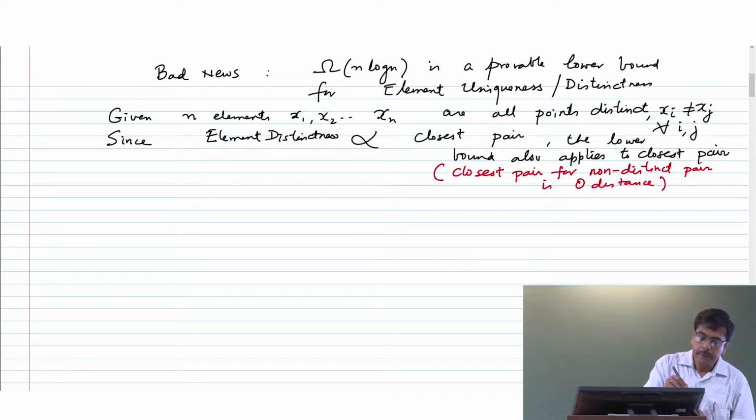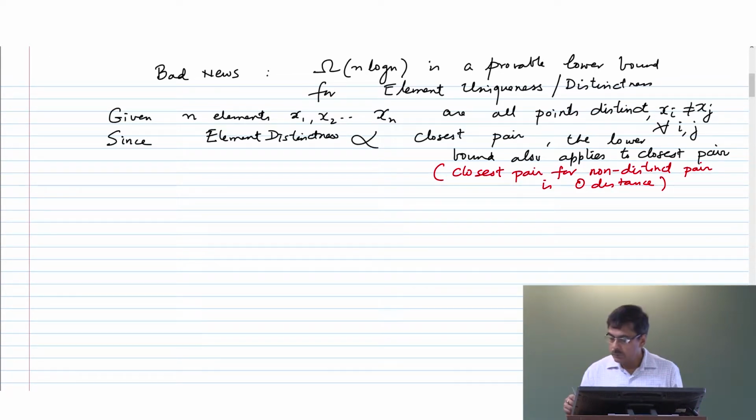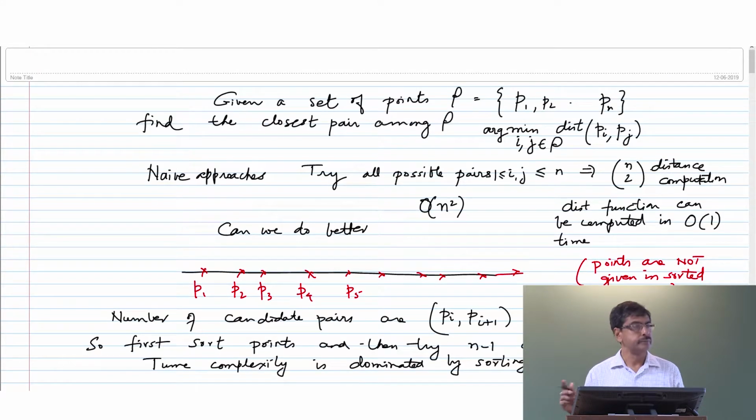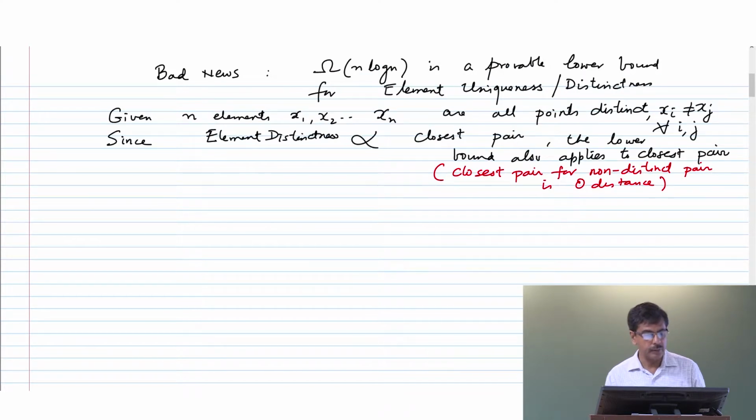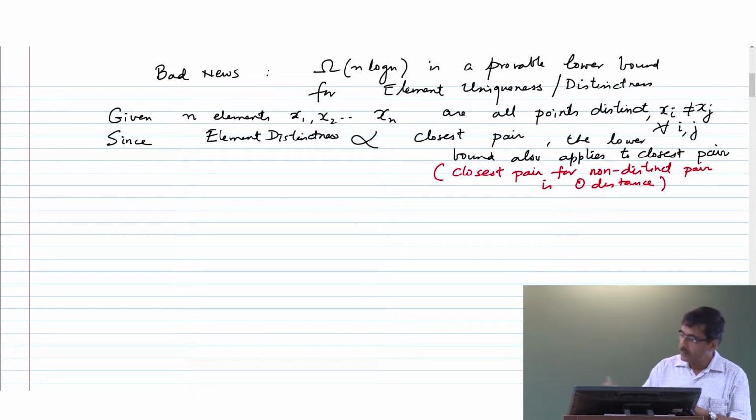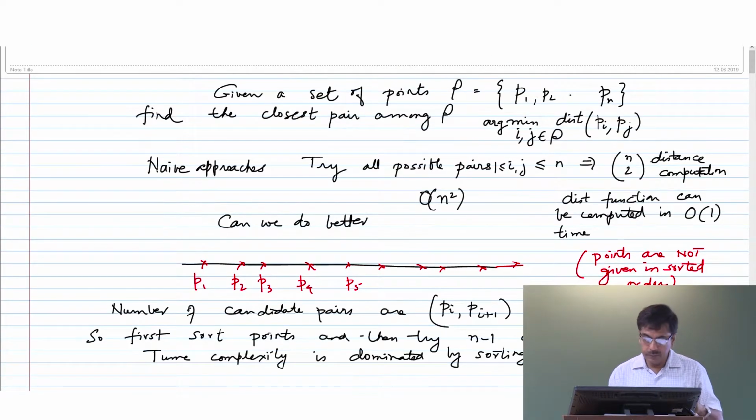Fine. Okay, so we have achieved our goal in one dimension. Sort, scan the elements, look at every consecutive pair, and keep track of which is the smallest gap, basically. By the way, since I mentioned this thing called gap, suppose instead of the closest pair, I am looking for what is called the largest gap.